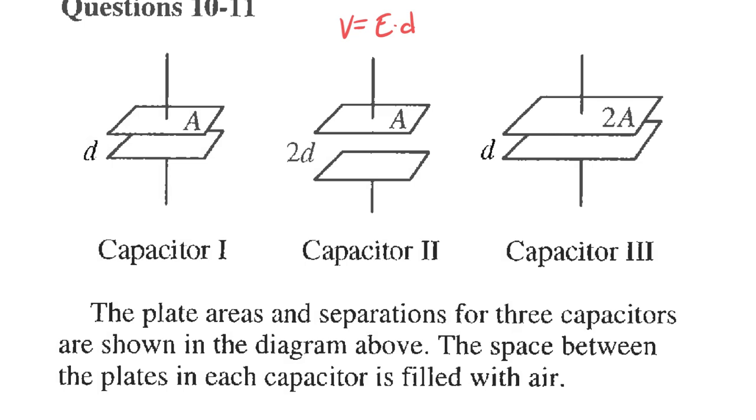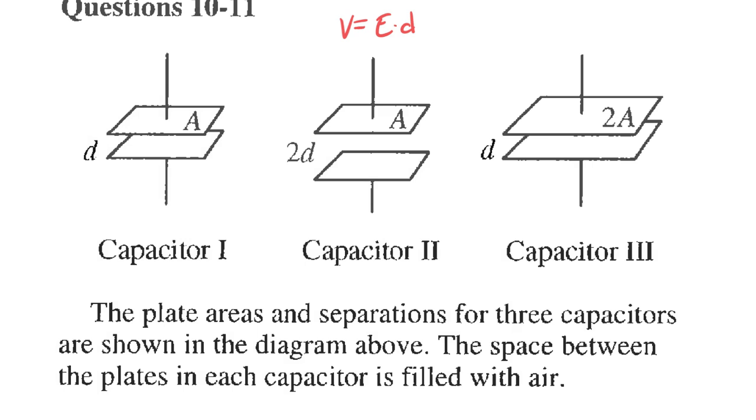I hear what you're saying, but all three of these are being raised to the same electric potential. They're not all charged the same because they all have different capacitances. So, for example, capacitor 3 will have twice the amount of surface charge density on it as capacitor 1 because it has twice the capacitance.